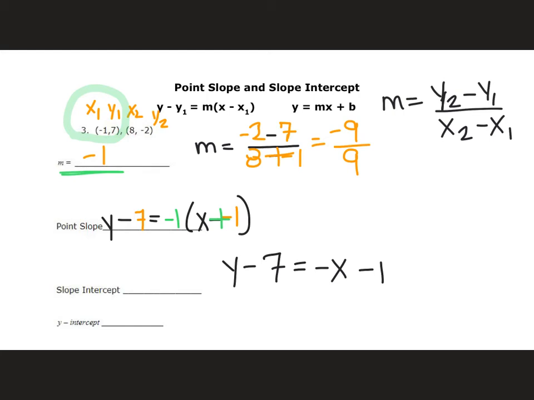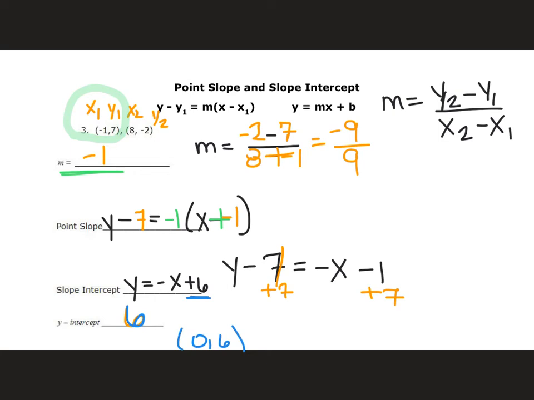And then you can add your 7 to both sides, giving us y is equal to x plus 8. Because we've got to add the 7 to both sides. Okay, which means we have a y-intercept of 8, or you can write it as the ordered pair.